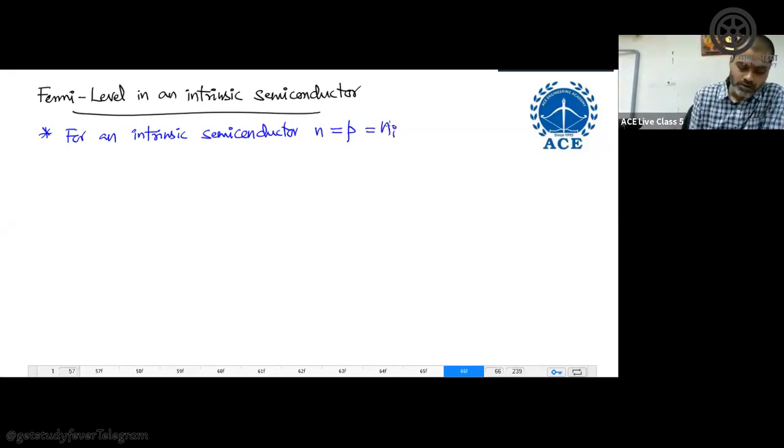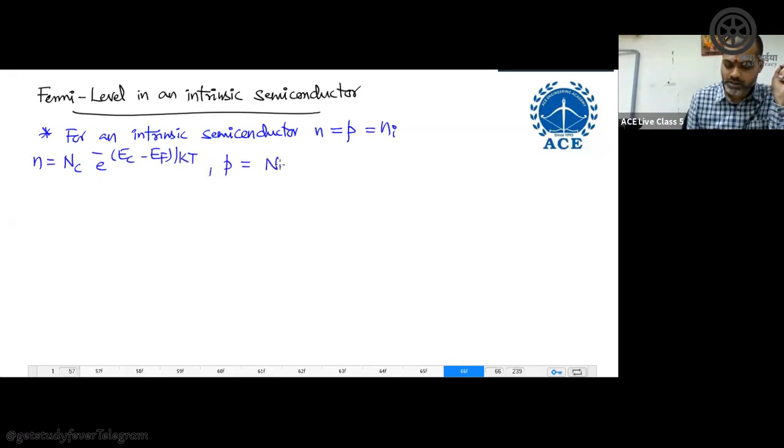Now, what is N? N is Nc e power minus (Ec minus Ef) divided by Kt. And what is P we got? It is Nv e power minus (Ef minus Ev) divided by Kt.